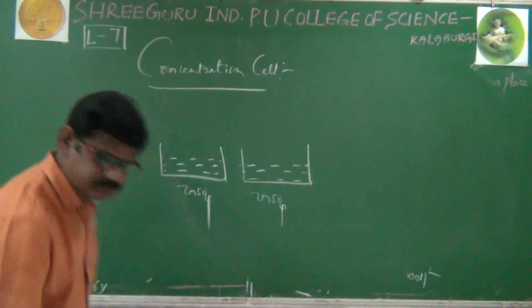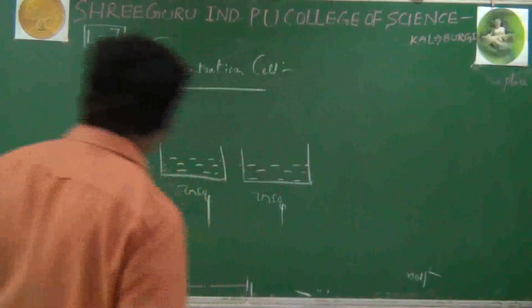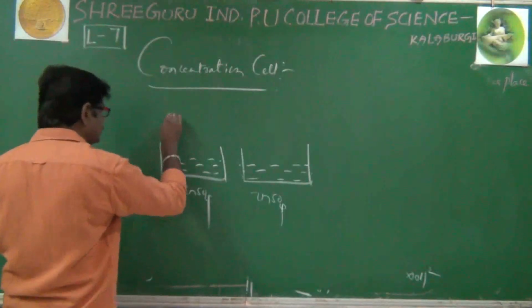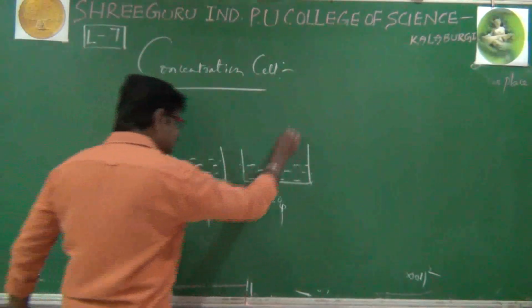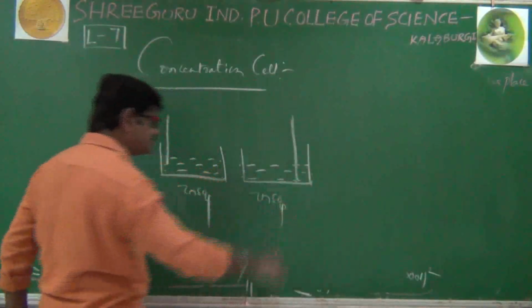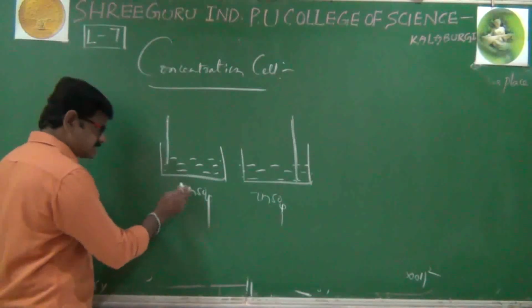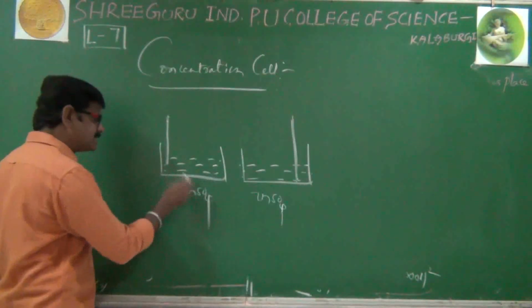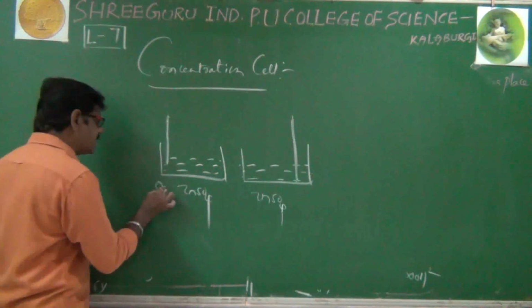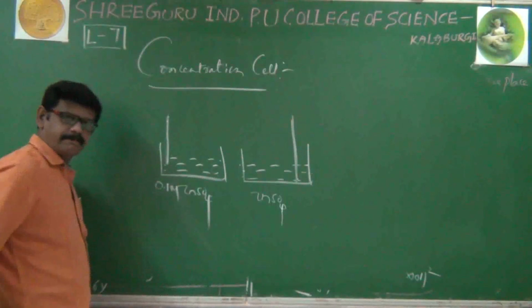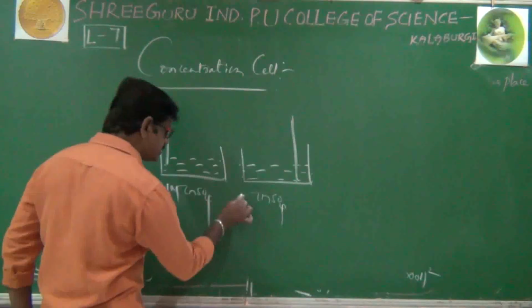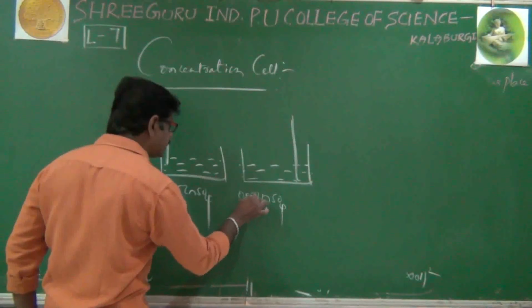And here a zinc rod is dipped in zinc sulfate solution. Here also a zinc rod only is dipped in zinc sulfate solution. But the thing is, in the first compartment the zinc sulfate concentration, just imagine, is 0.1 molar, and here let its concentration be 0.5 molar.